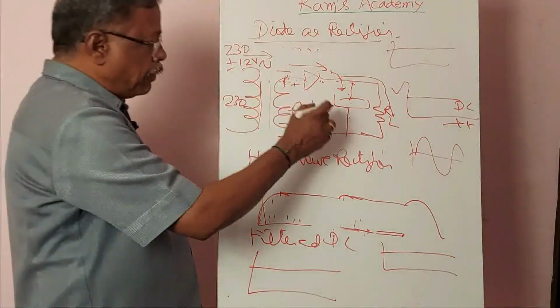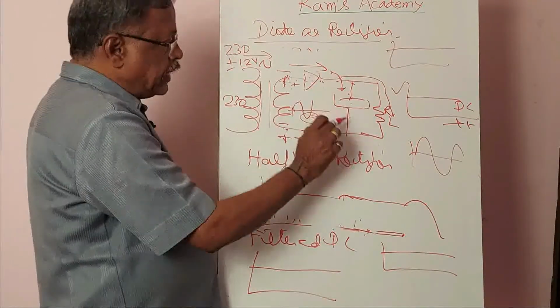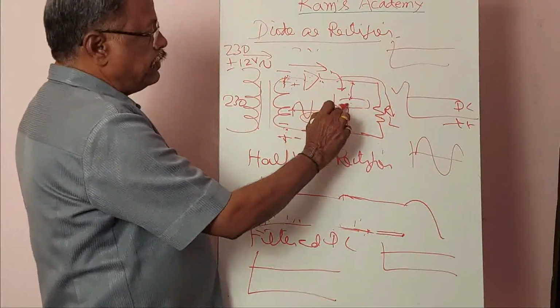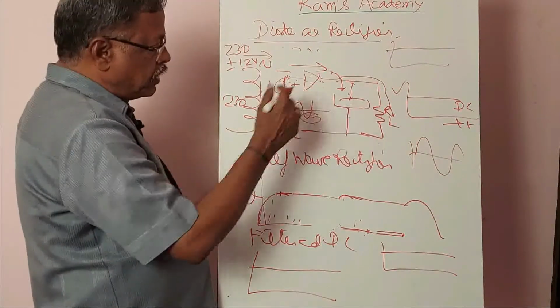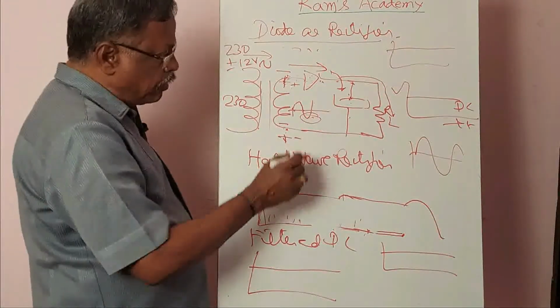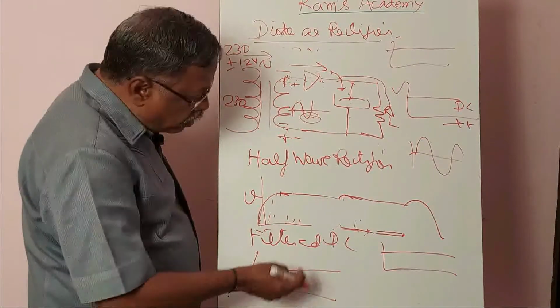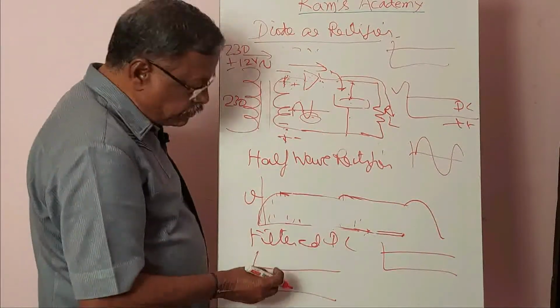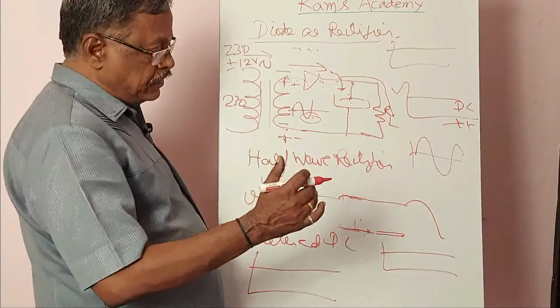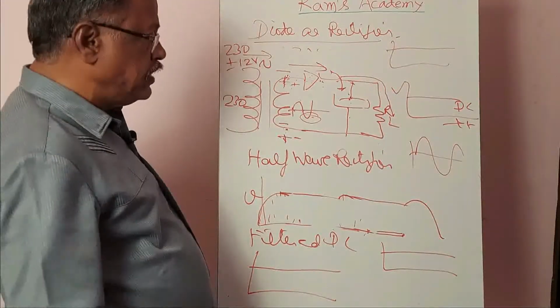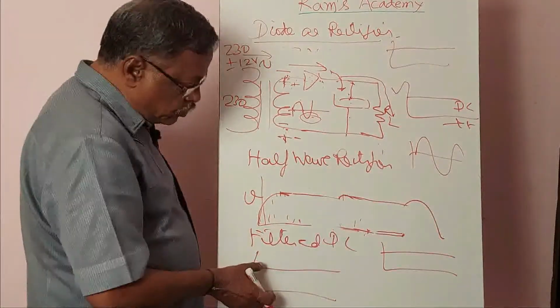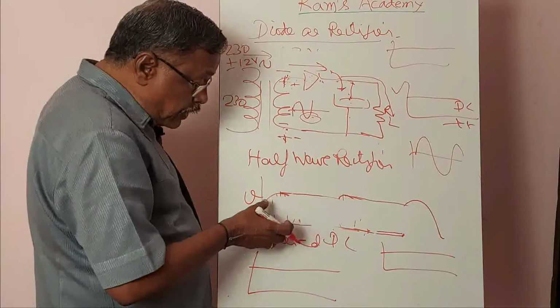Therefore, by properly selecting the load as well as the filter capacitor, we are able to convert a sinusoidal waveform into not a perfect DC waveform, but something in between. It is not an alternating voltage, it is not a perfect DC, but it is a filtered DC.